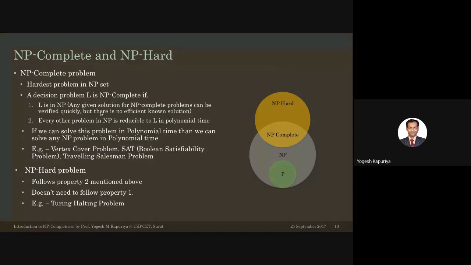So the first condition for NP complete, that L is in NP, is not required in this case. So that is called an NP hard problem. The example for that is the Turing halting problem.